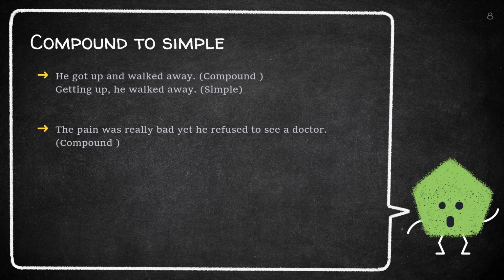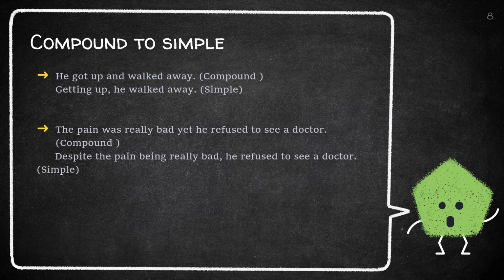When we change it into a non-finite verb, we can write it as, despite the pain being really bad, he refused to see a doctor. Here was has been made into being. So being has become non-finite and hence it has become a simple sentence.